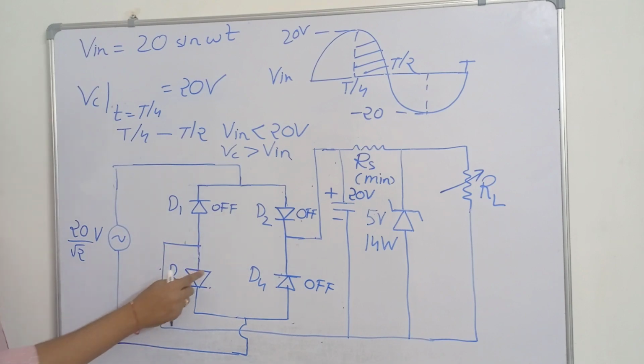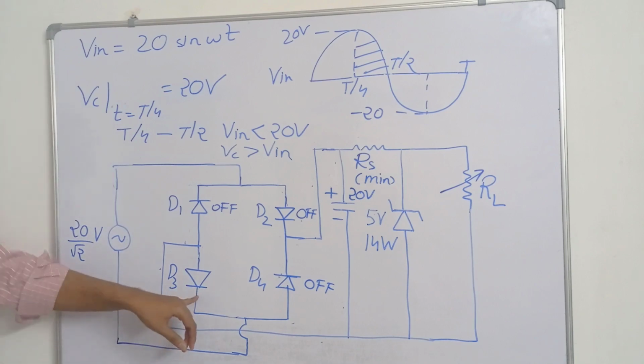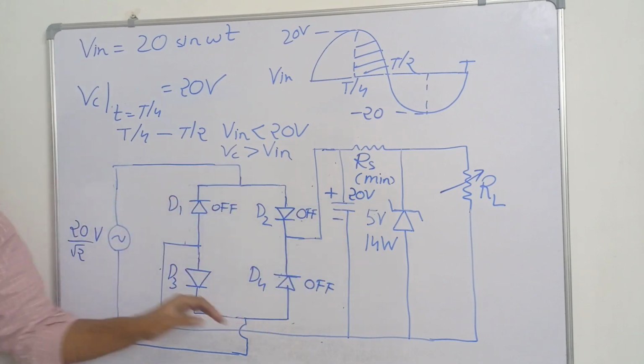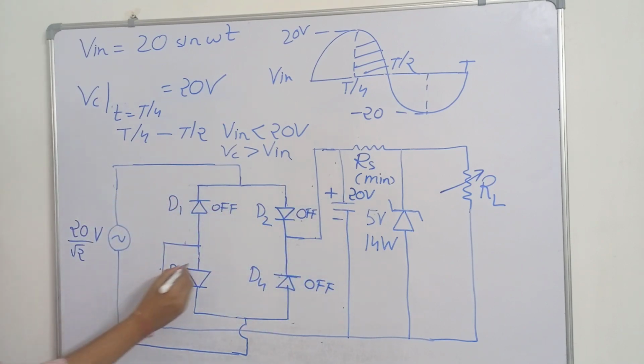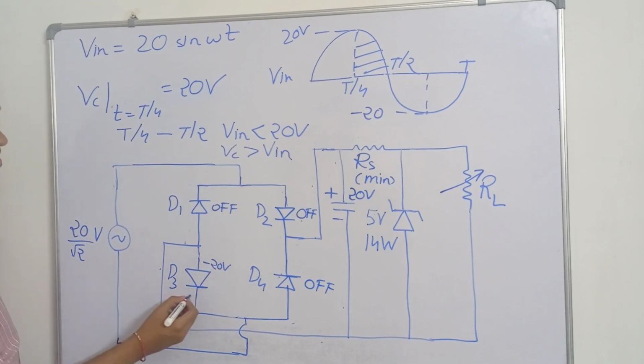And at D3 this voltage is minus 20 volt and this voltage is minus 19.9 or something, because this capacitor's negative 20 volt is connected here. So this is negative 20 volt and this will be more negative, or you can say positive.